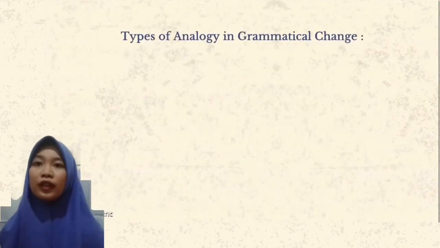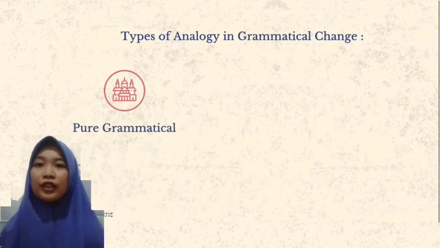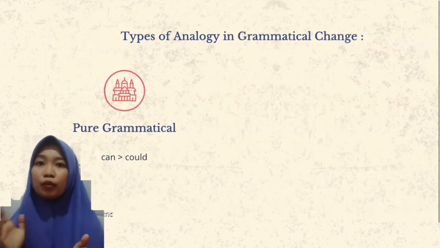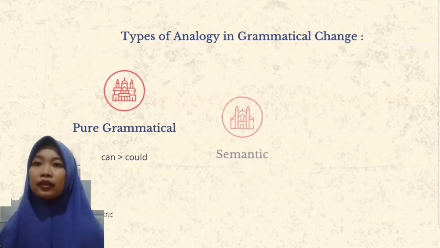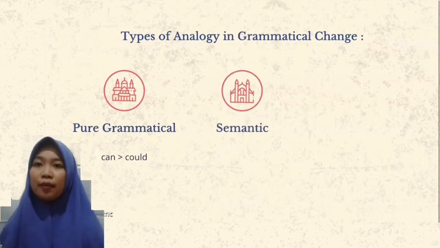And the types of analogy. First, pure grammatical. For example, can becomes could in the past tense, on the basis of will becoming would, shall becoming should. Second, semantic. For example, male and female.